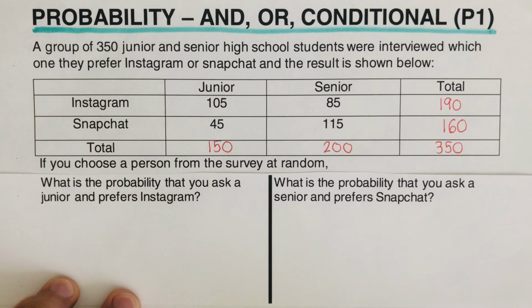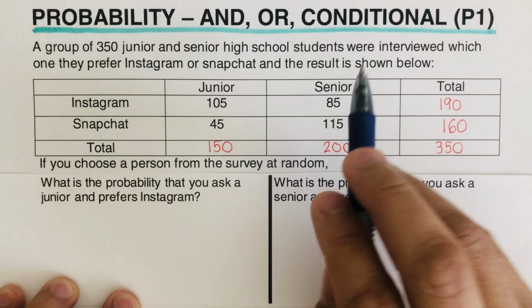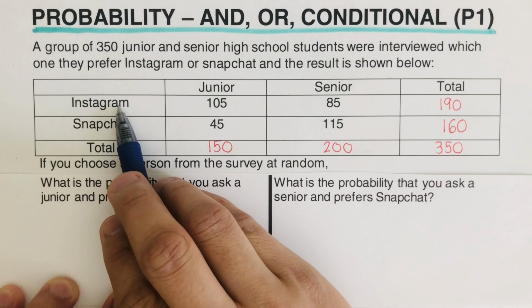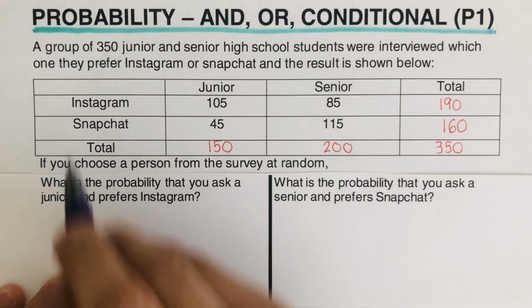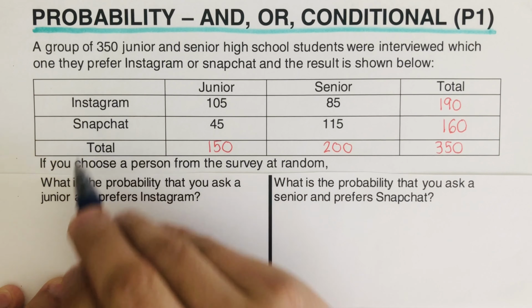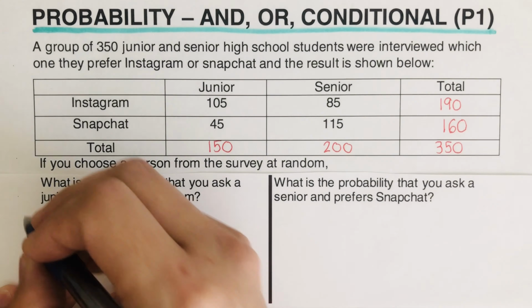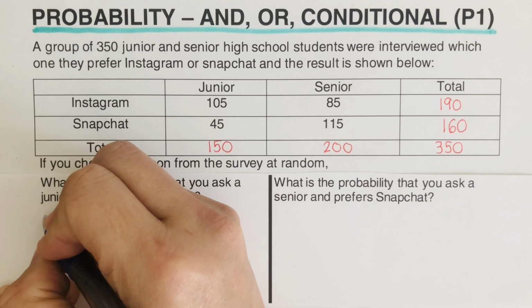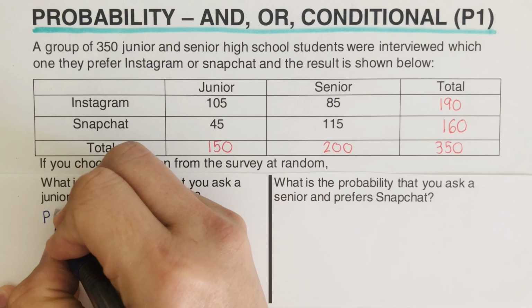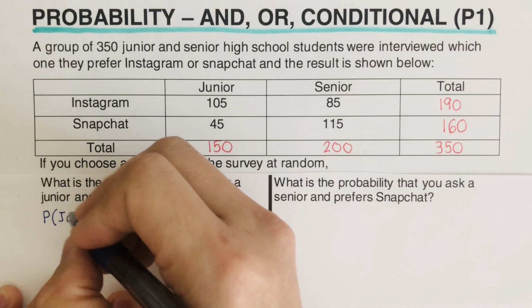I'm just going to represent junior with the letter J, senior S, Instagram Insta, and Snapchat Snap, so we don't get mixed up between senior and Snapchat. We're looking for the probability of a junior and prefers Instagram.